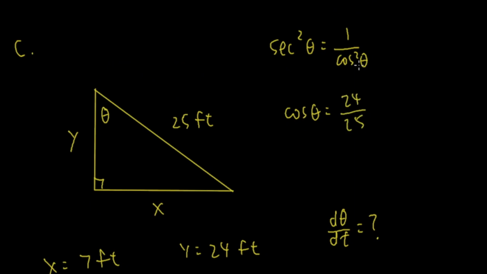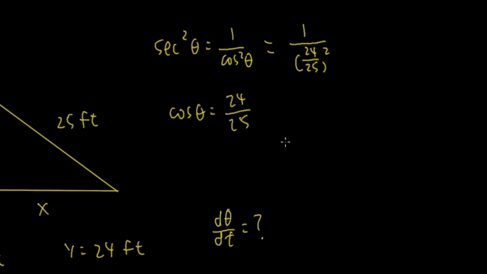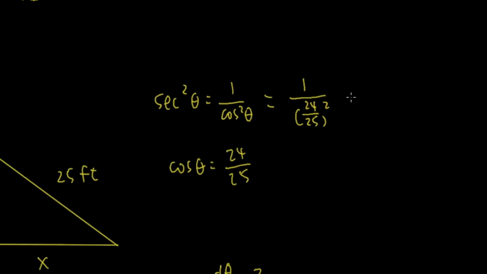Now, let's put that in here. 1 over (24 over 25) squared. The reverse of that is (25 over 24) squared.